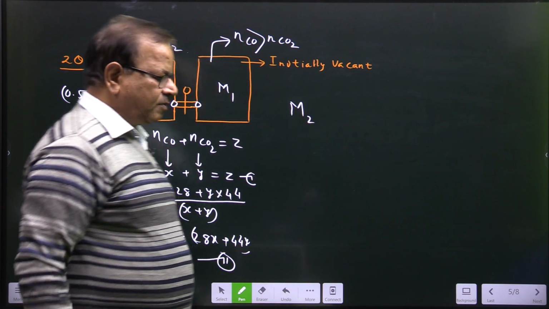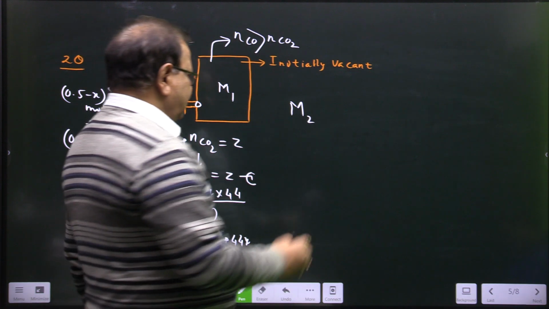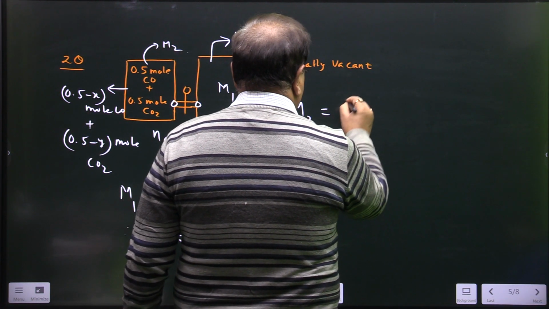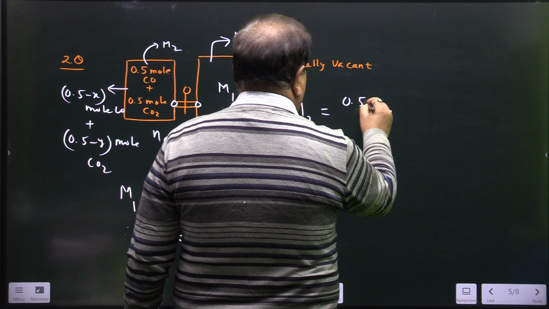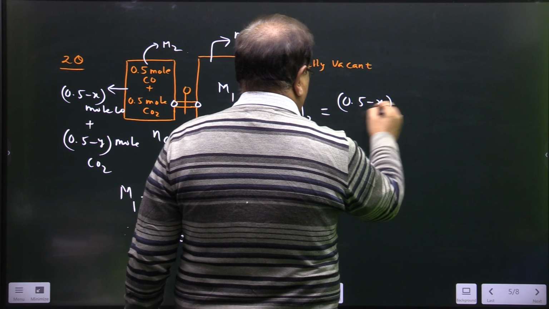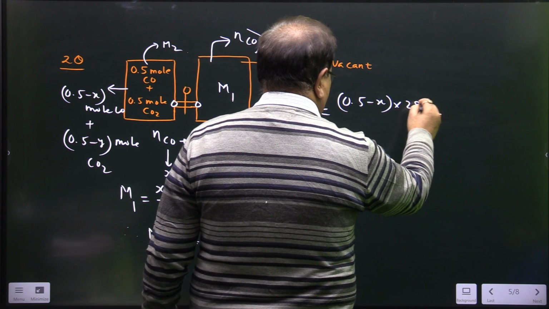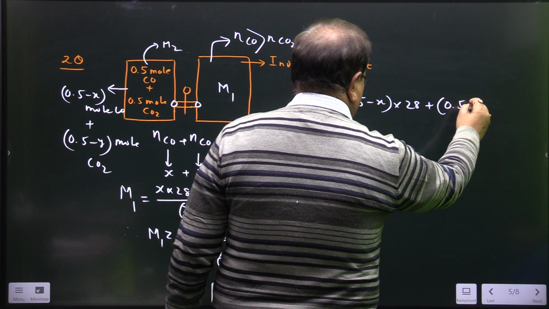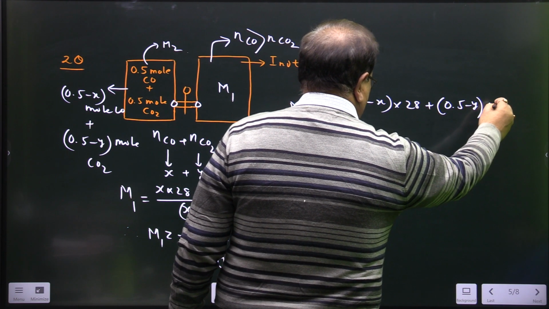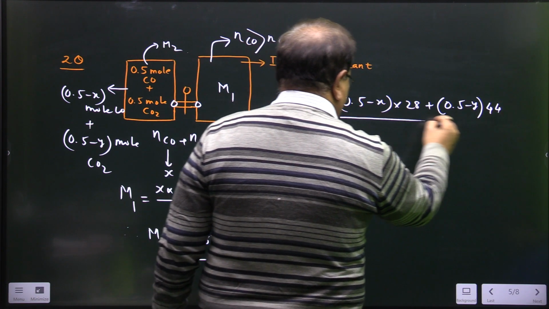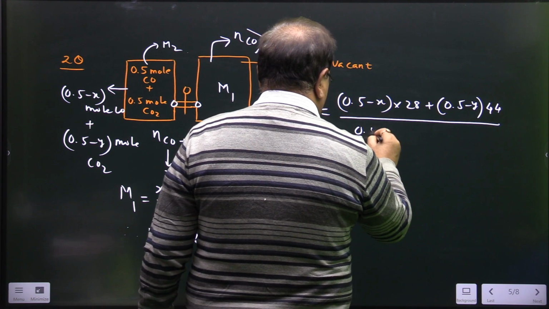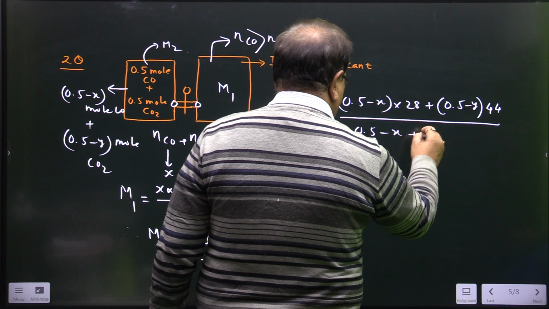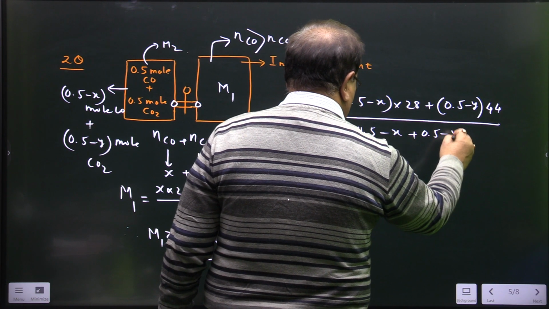M2 is the mean molar mass of the first vessel mixture. M2, अब कितना रह गया बेटे, 0.5 minus X mole of CO, it means 28 plus 0.5 minus Y into 44, divided by क्या होगा, 0.5 minus X plus 0.5 minus Y.